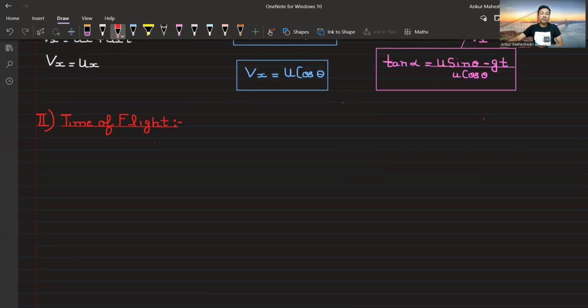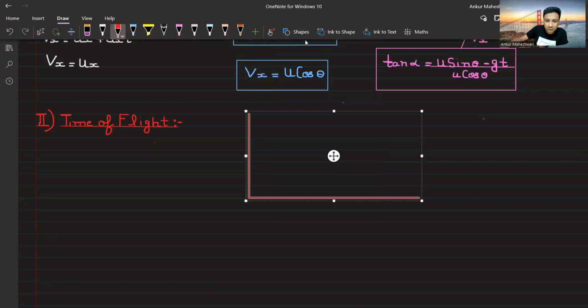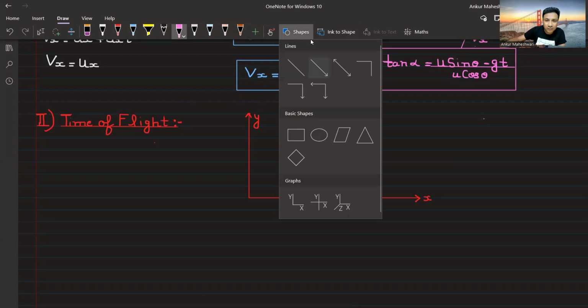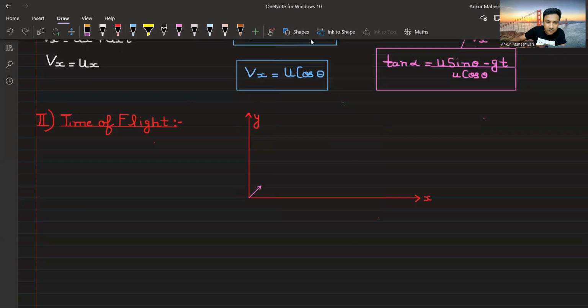Okay. So to understand the time of flight concept, let us draw the diagram again. This is the y-axis. This is the x-axis. And suppose a body is launched at this point with velocity u, which makes an angle of theta with the horizontal.